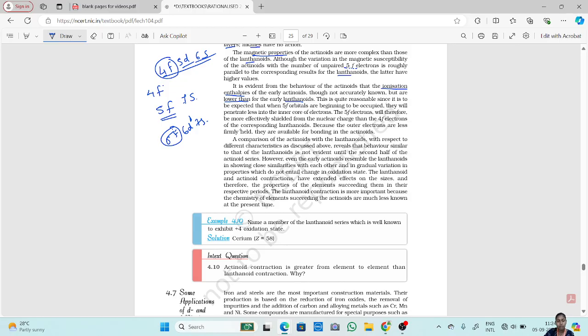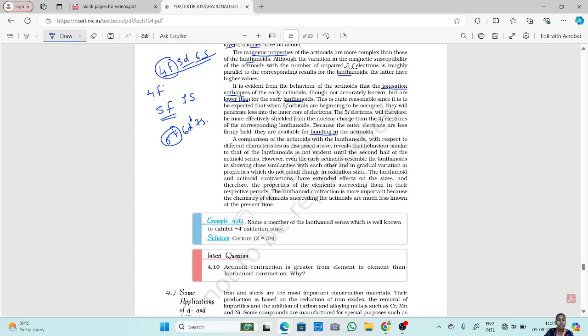Because the outer electrons are less firmly held, they are available for bonding in the actinoids. Same thing happens: 4f is kept inside, so the shielding effect is more compared to 5f electrons. Hence removing 4f electrons is more difficult than 5f. 5f is easier. That's why it is involved in bond formation.